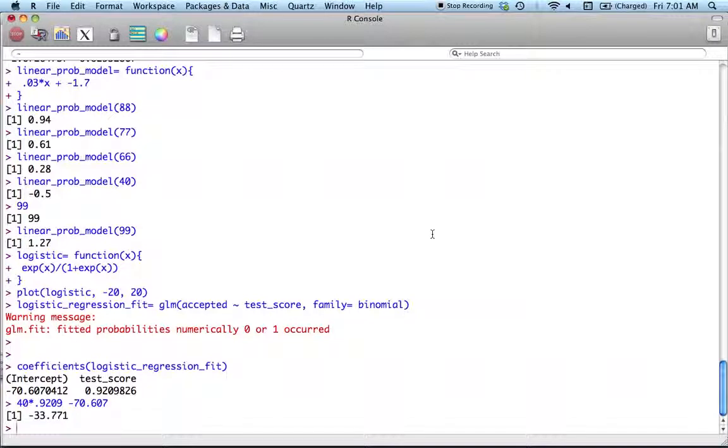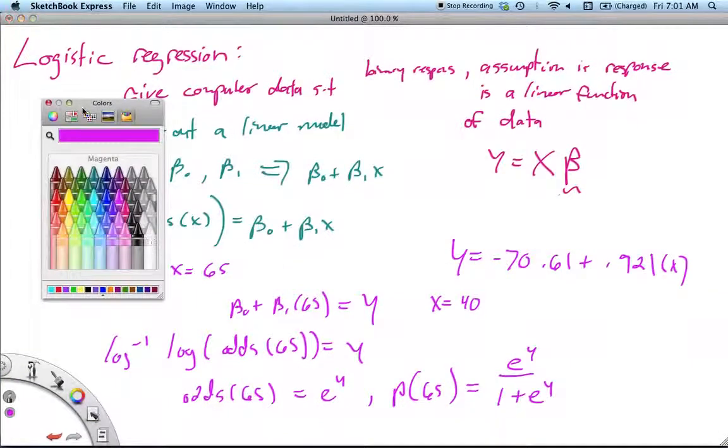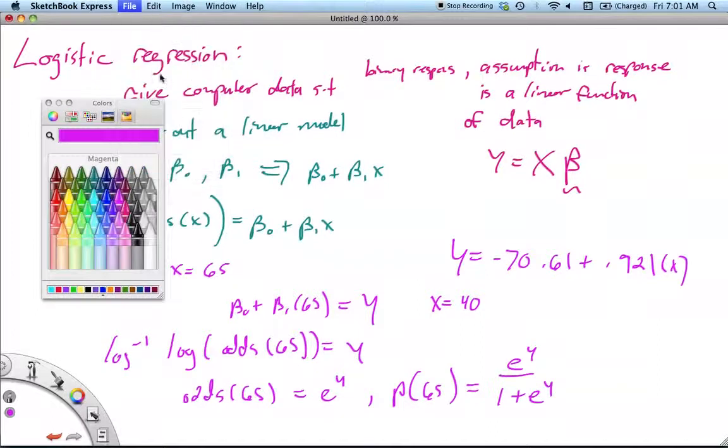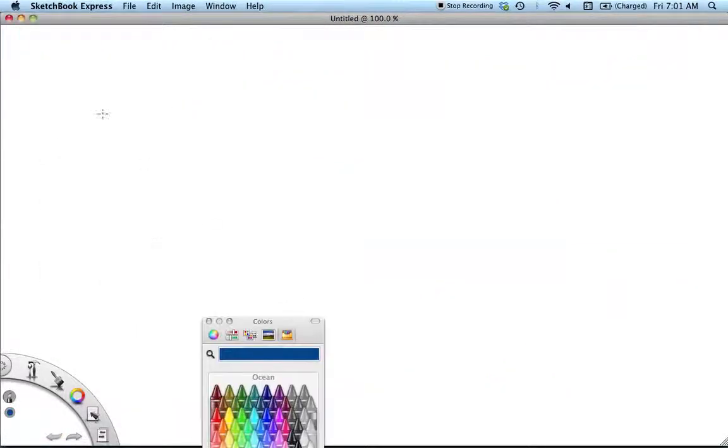But what we have to understand is that negative 33.77 is equal to the log odds.